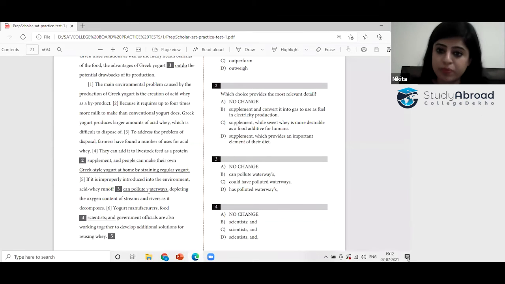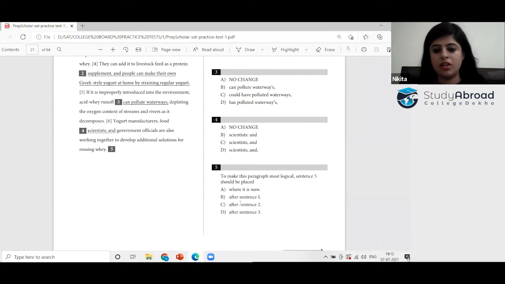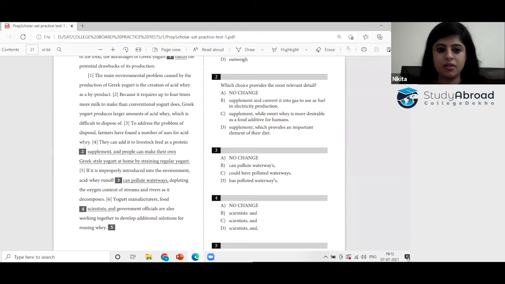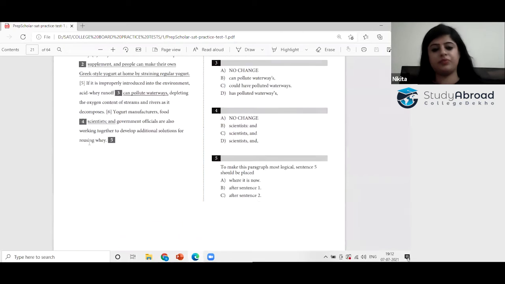Then it is going to create the pollution. After that, you will say that everybody is looking for, or the farmers are looking for, the solution. I hope that makes sense. So, after sentence 3, it makes the best sense.